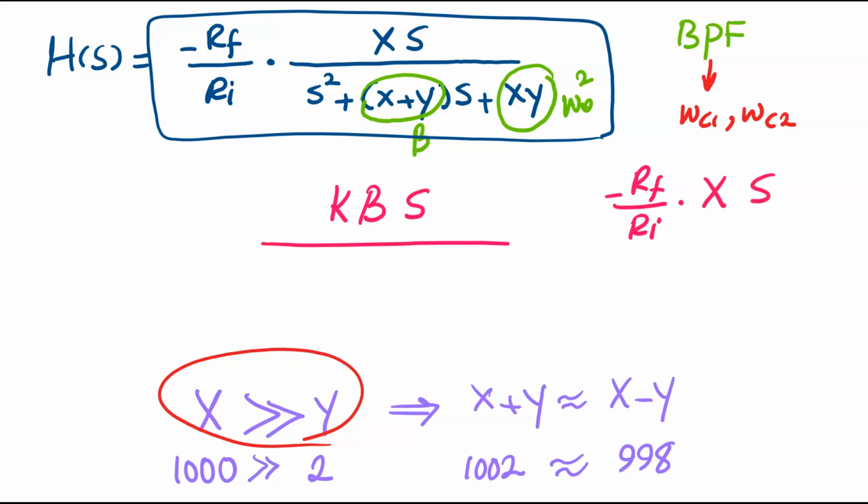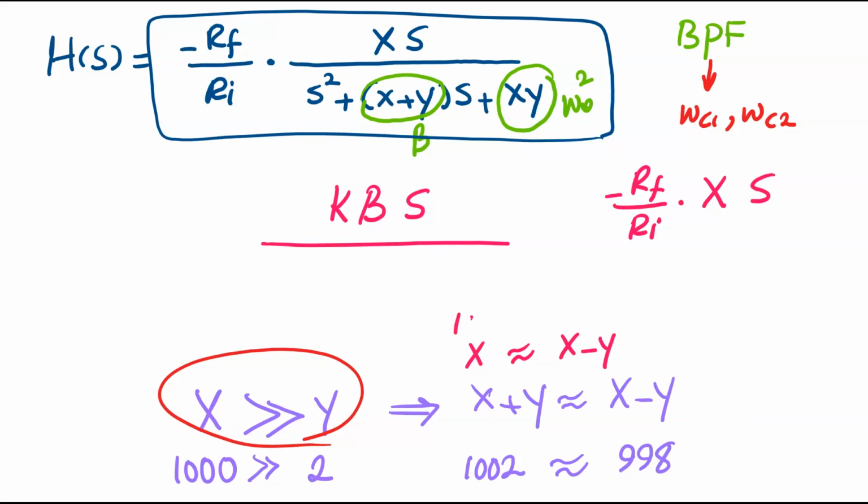My beta is X plus Y. But because I'm assuming that X is much greater than Y, I can say X is also somehow equal to X minus Y. So these two are not too much different.